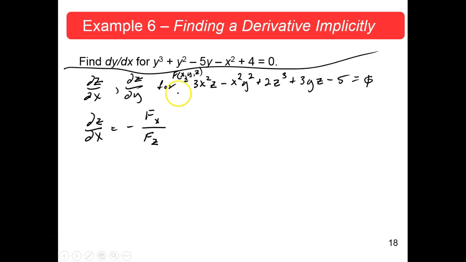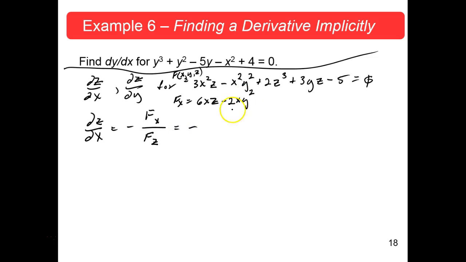So we need to figure out what partial of f with respect to x is. The first term is going to be a 6xz. The next term a minus 2xy squared. Nothing from the third term, nothing from the fourth term, nothing from the fifth term. So there we have our partial with respect to x.